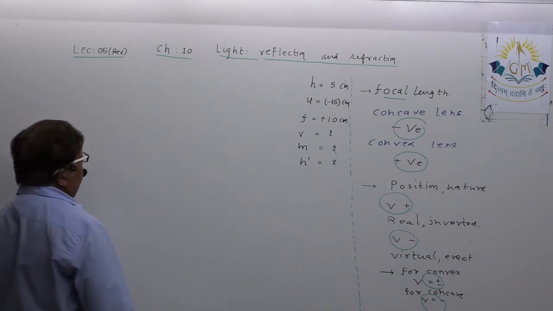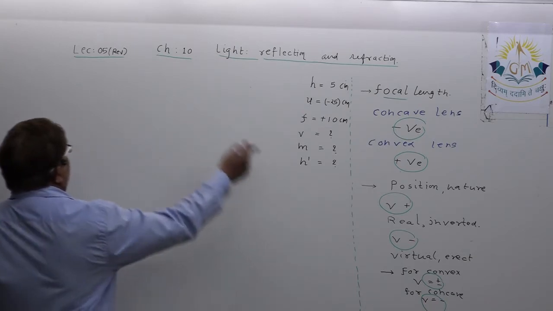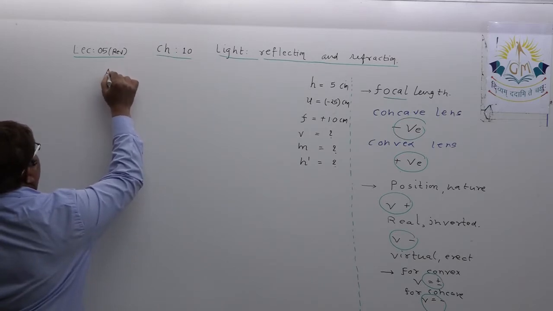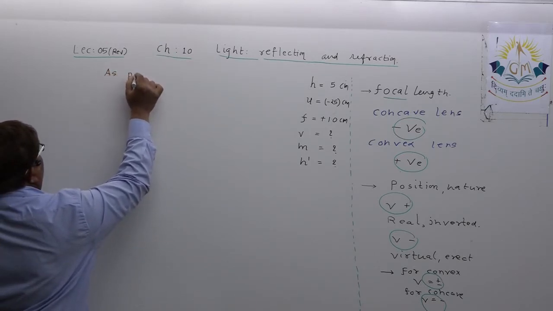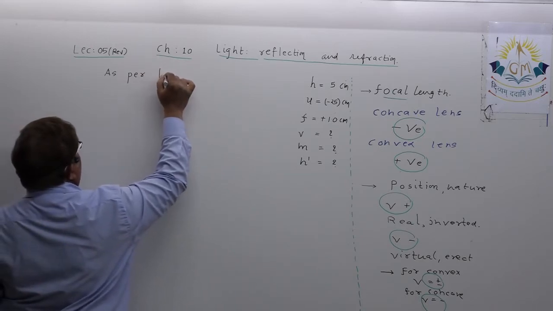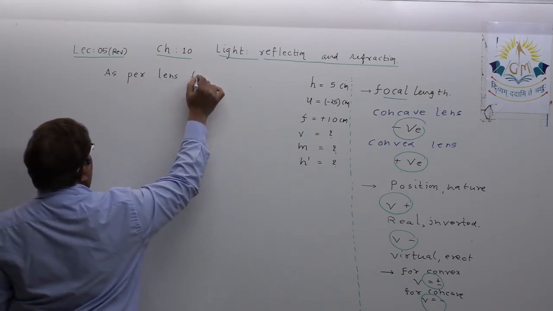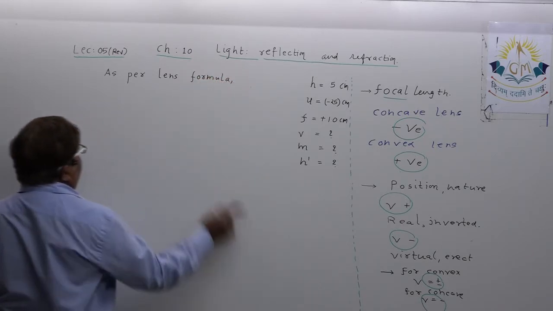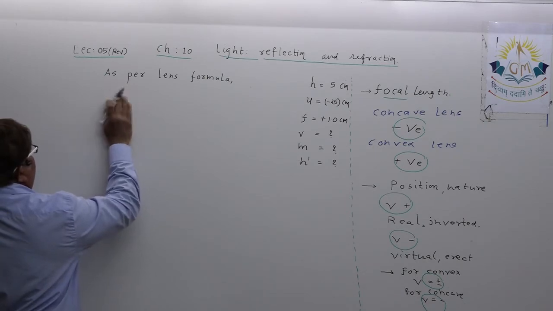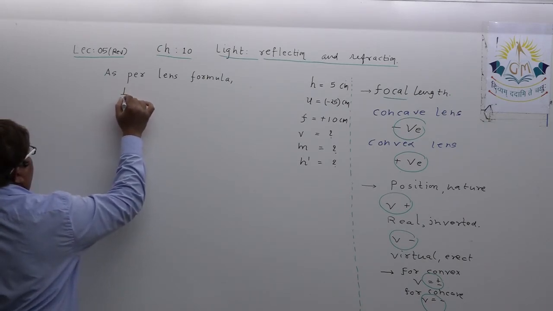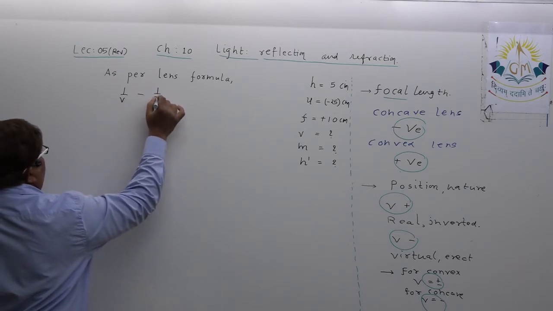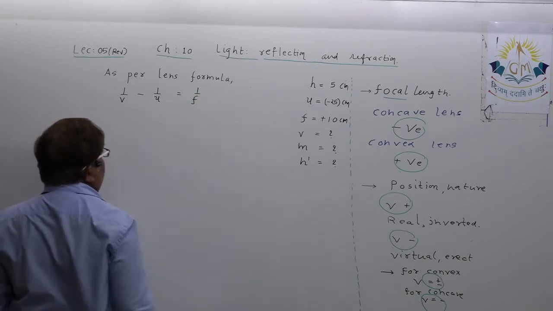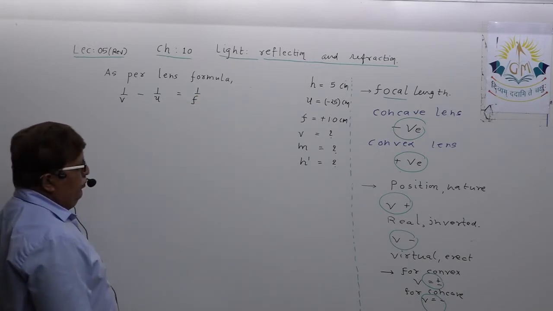So dear student, what will you write? This is compulsory for you to write in solving any example. Let us mention 1 upon v minus 1 upon u equals 1 upon f.